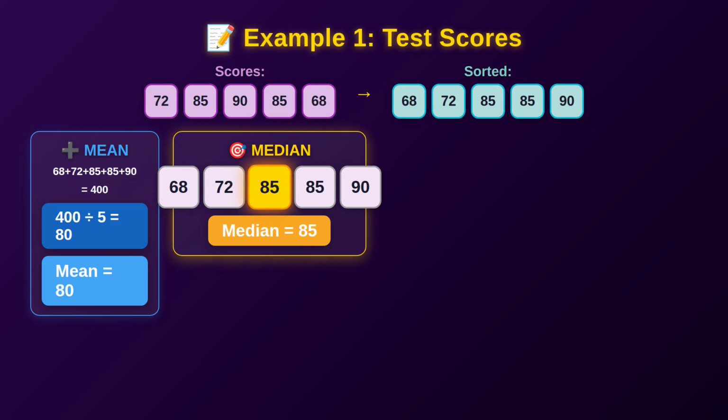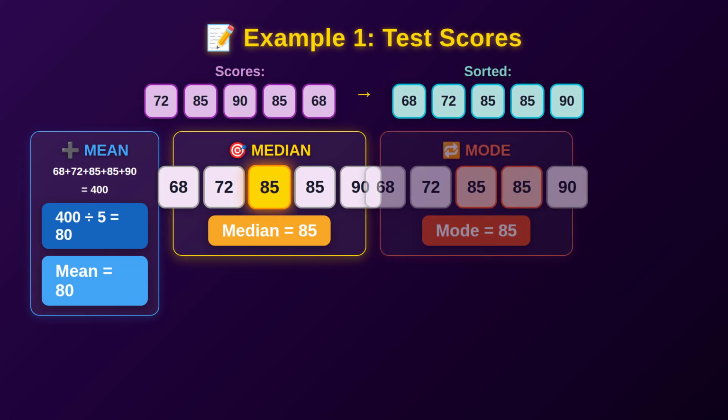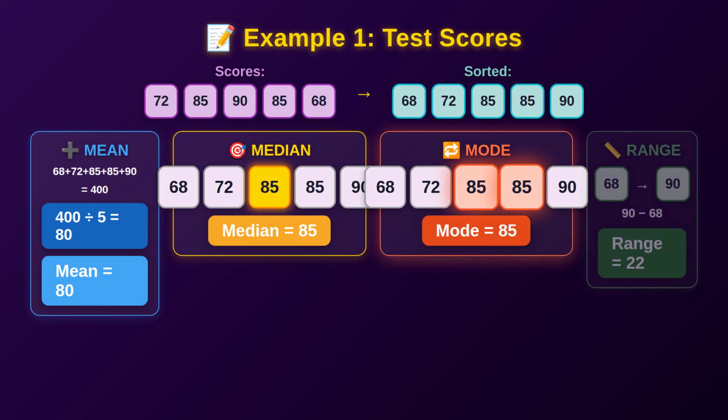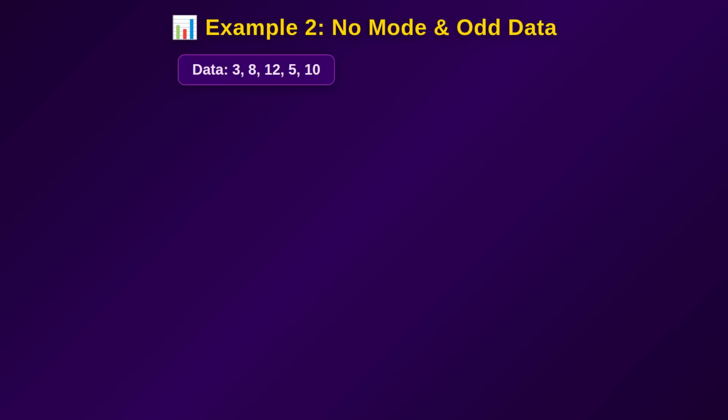Add them up. 68 plus 72 is 140, plus 85 is 225, plus 85 is 310, plus 90 is 400. Divide 400 by 5, that's 80. Mean equals 80. Median. With 5 values, the middle one is the third. That's 85. Mode. 85 appears twice, so mode equals 85. Range. 90 minus 68 equals 22.